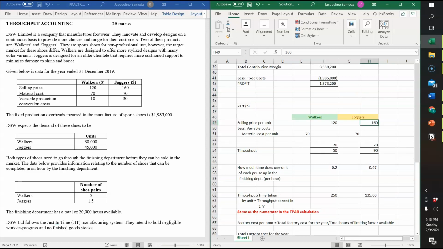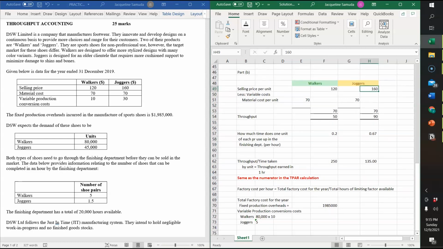Sorry, let me just check the figure. 5970 times 30. So this will be our variable production cost. Let's quickly calculate that. 8,000 times 10 and 5970 times 30. So when we add all of these up, it will give us our total factory costs for the year. So let's quickly do this.